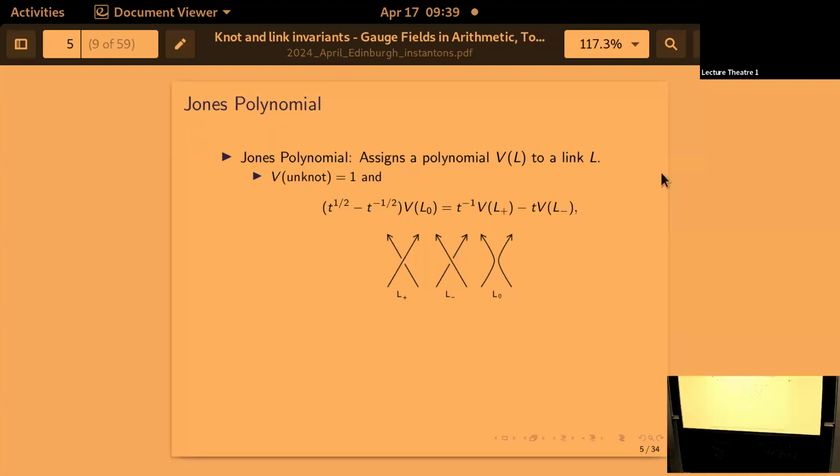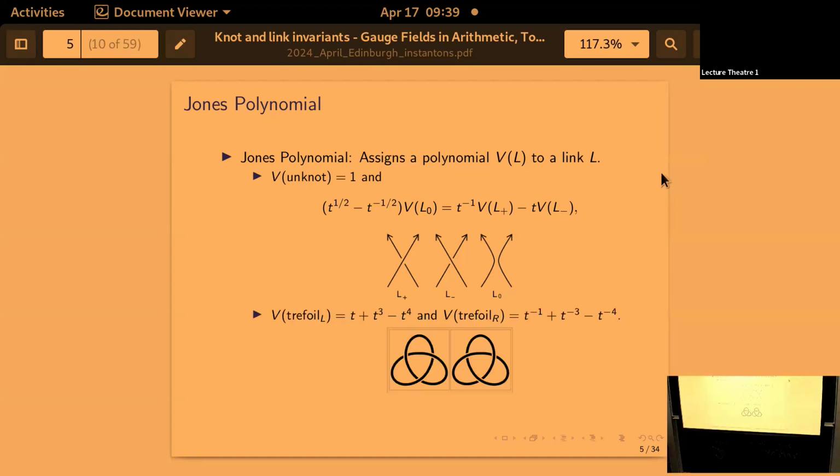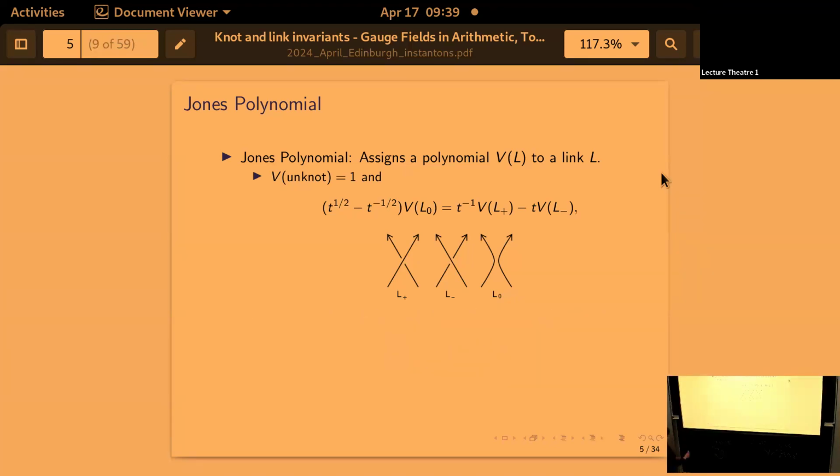The Jones polynomial assigns a polynomial to each link diagram, but really it's an invariant of the link, and it satisfies this relation. Oh wait, sorry, I also have to tell you what it is on the unlink. On the unlink with n circles, it's going to be equal to, well, this is not really normalized, but let's say (q plus q inverse) to the n minus 1.